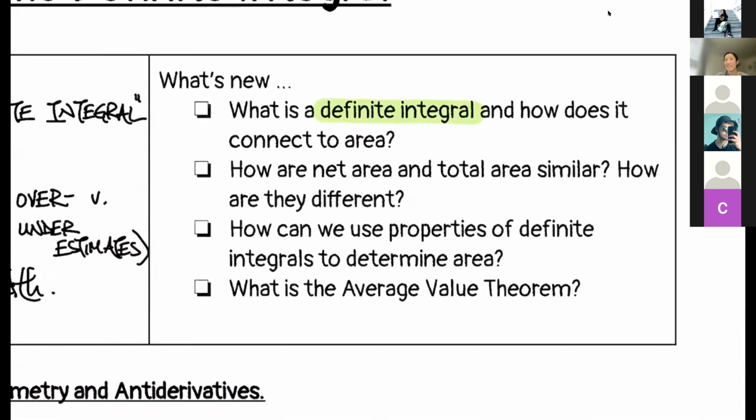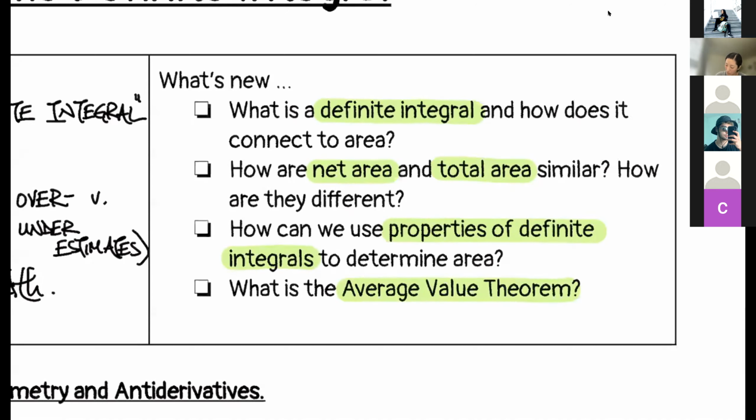We also want to know how it connects to the idea of area. And then we're going to take a look at something called net area and total area. And we are also going to look at properties of definite integrals. And finally, we're going to take a look at something called the average value theorem.